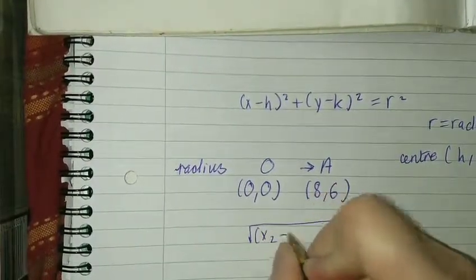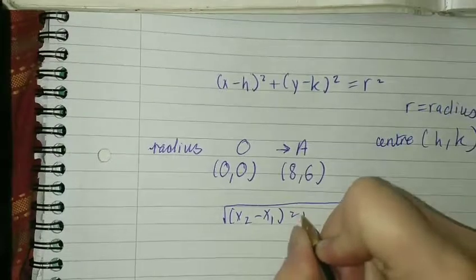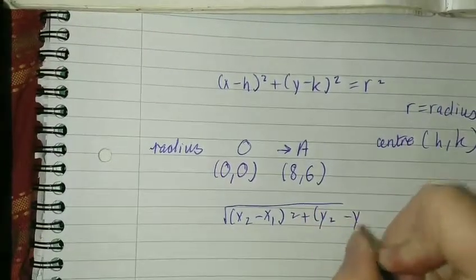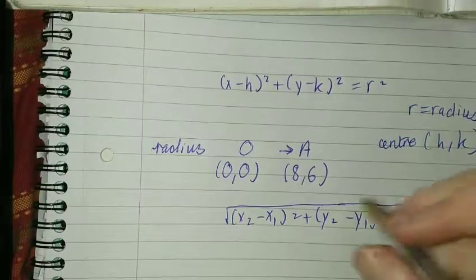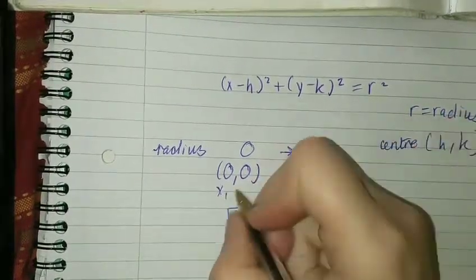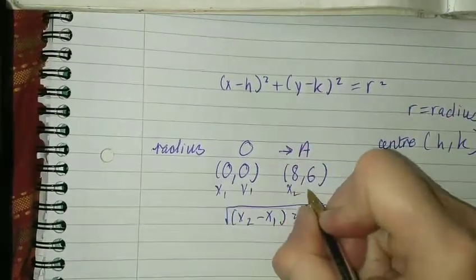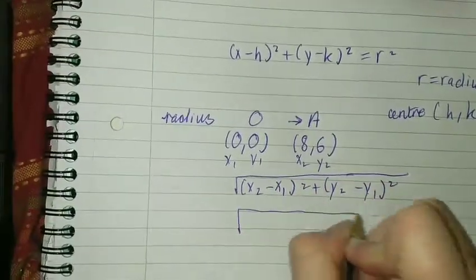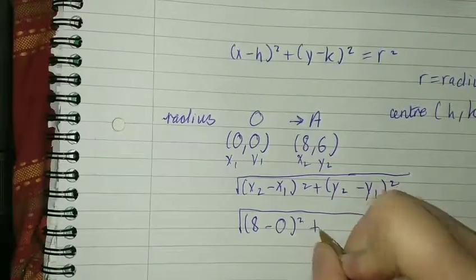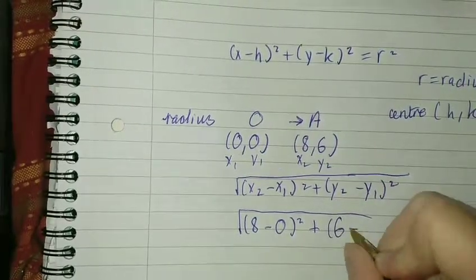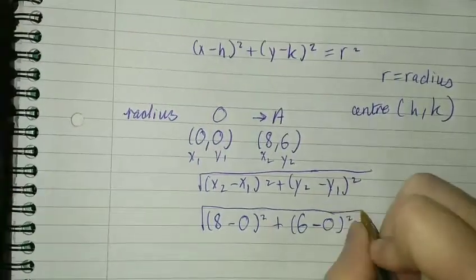So it's the square root of x2 minus x1 squared plus y2 minus y1 squared. So I'll label one of my points x1, y1, and x2, y2. So x2 minus x1 squared plus y2, which is 6, minus y1 squared.